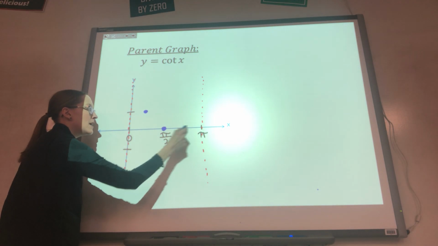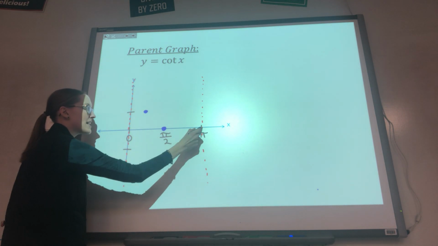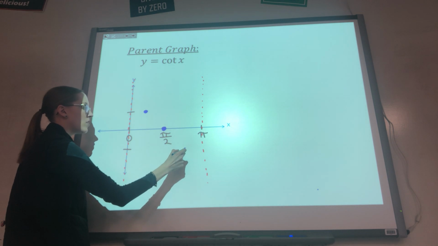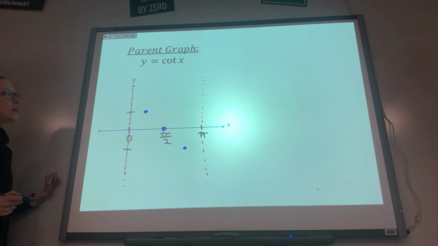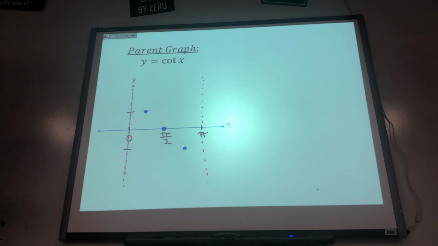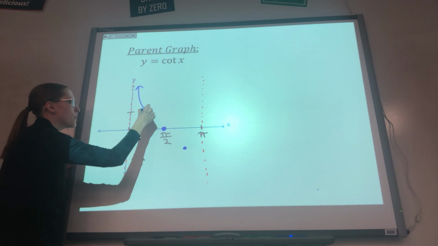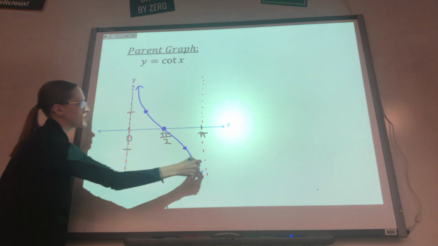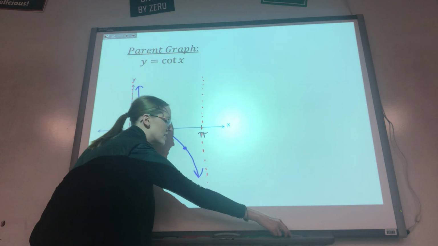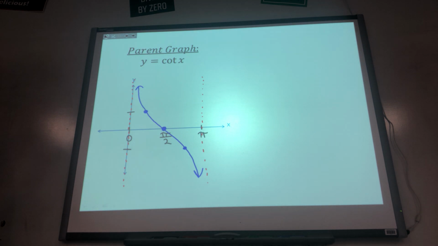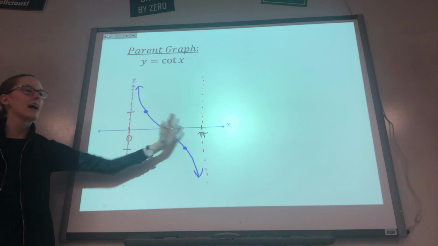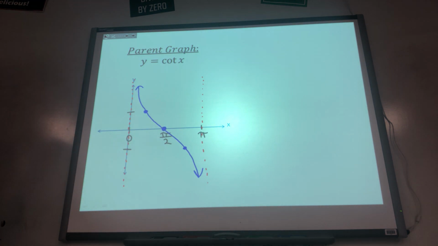On this side, halfway between the center point and the right asymptote, I need to go down to wherever my amplitude tells me, and that would be -1. So pretty much the tangent and cotangent graphs are flipped around from each other, but also the asymptotes and the center points are in different places.